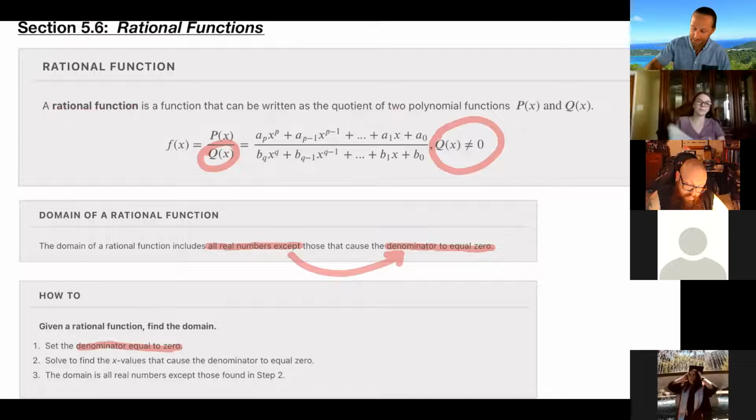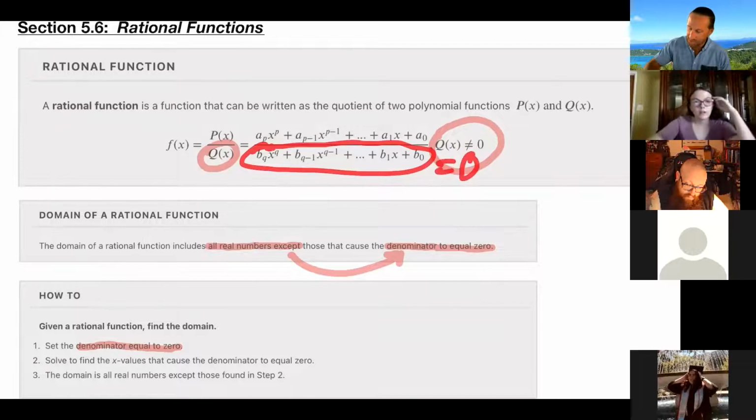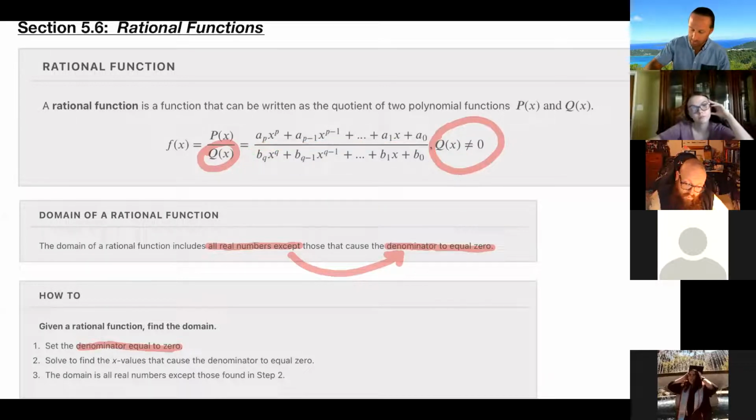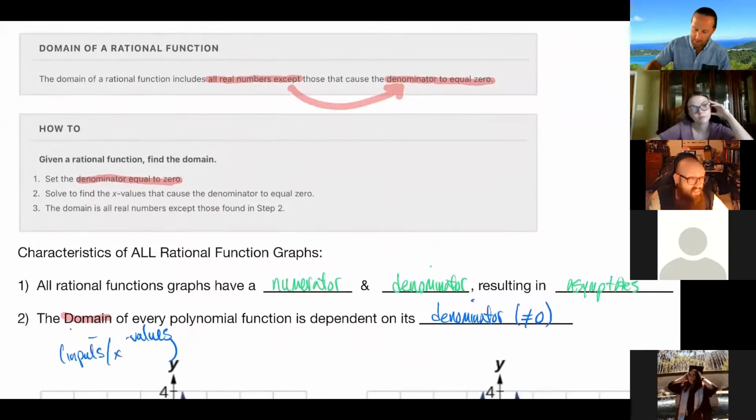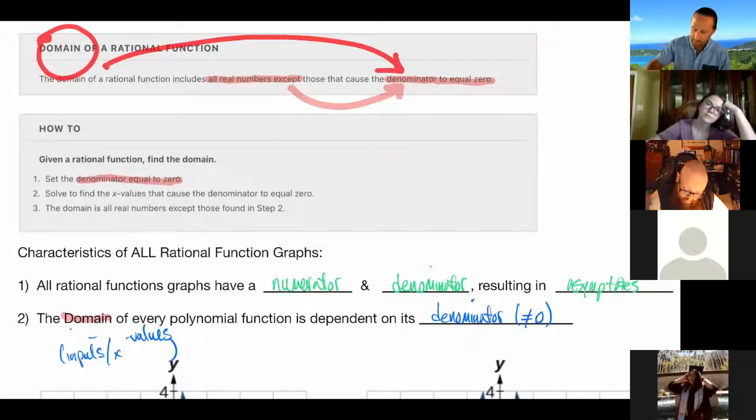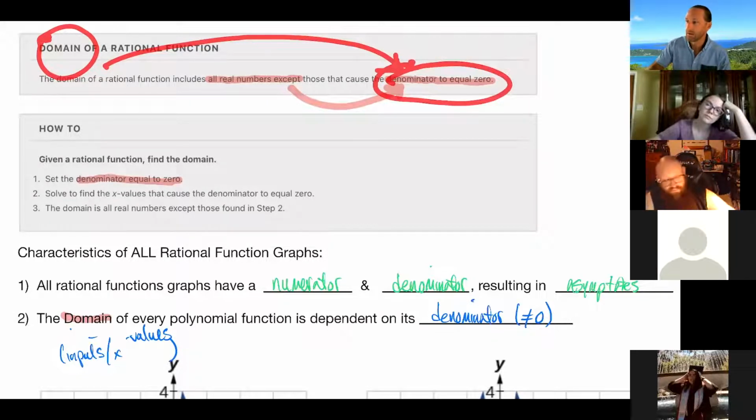Hopefully you see why we've been dealing, in those previous three sections, with how to set things equal to 0 and solve for those solutions, those roots, those zeros, we call them, or x-intercepts. Because now when we set that bottom nasty old polynomial function equal to 0, that's going to tell us what things we cannot have in our domain.